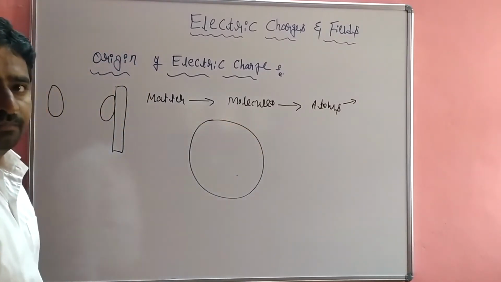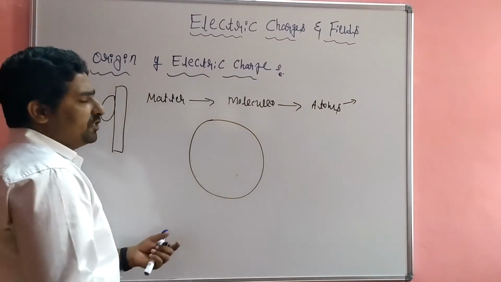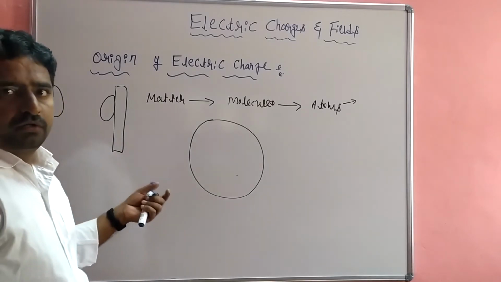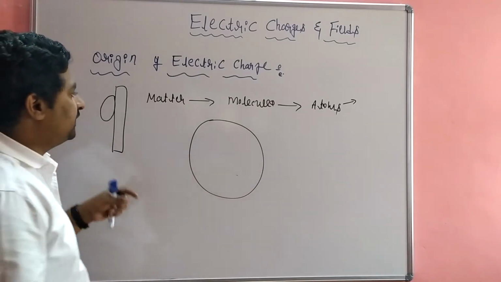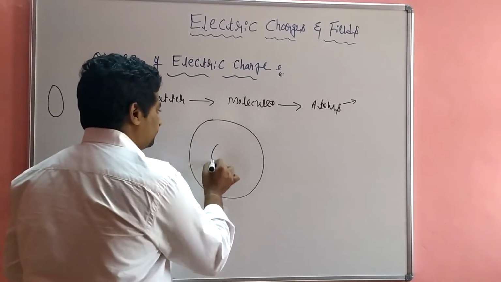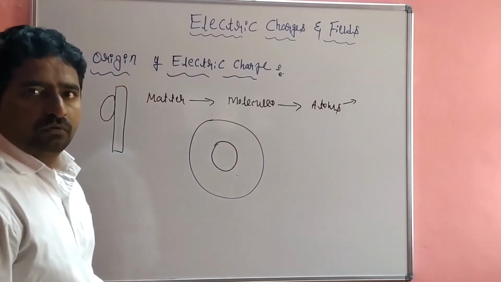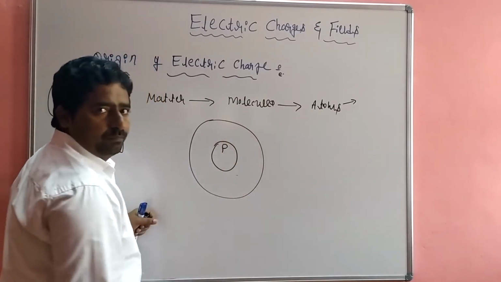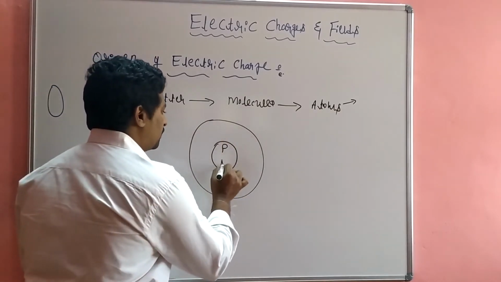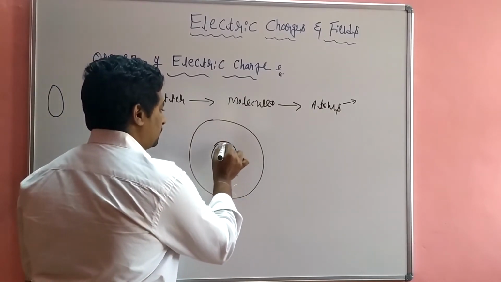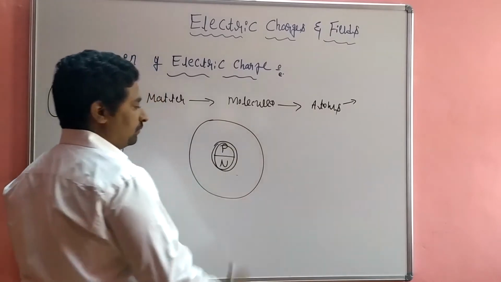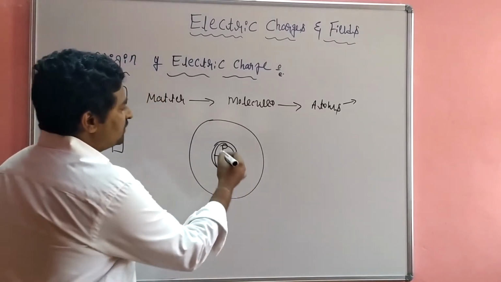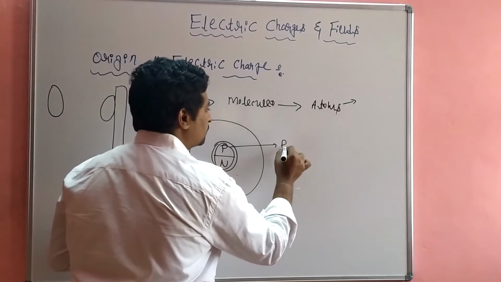This is the atom. The major part is concentrated in the atom, that is called the nucleus. The nucleus mainly consists of protons and neutrons. The protons are positively charged.